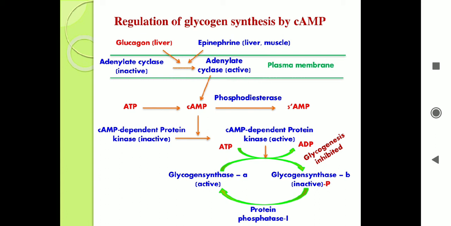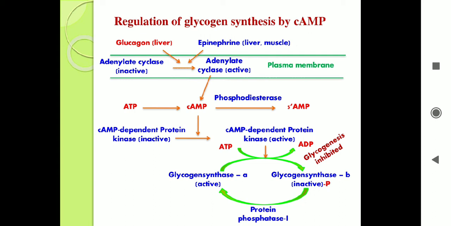Like you can see here, there is a conversion of A to B, and again a conversion of B to A. If you want glycogen synthase A, which is an active form, there is an action of the enzyme cAMP-dependent protein kinase, which then transfers that active form to the inactive form.